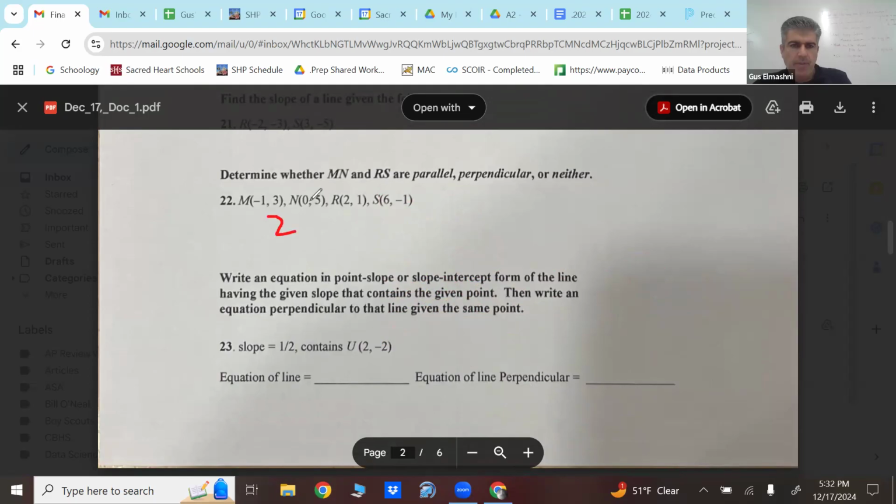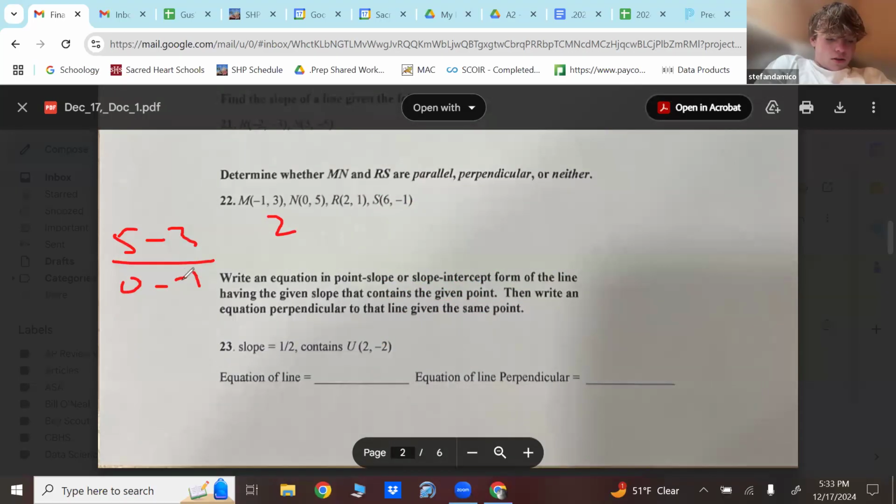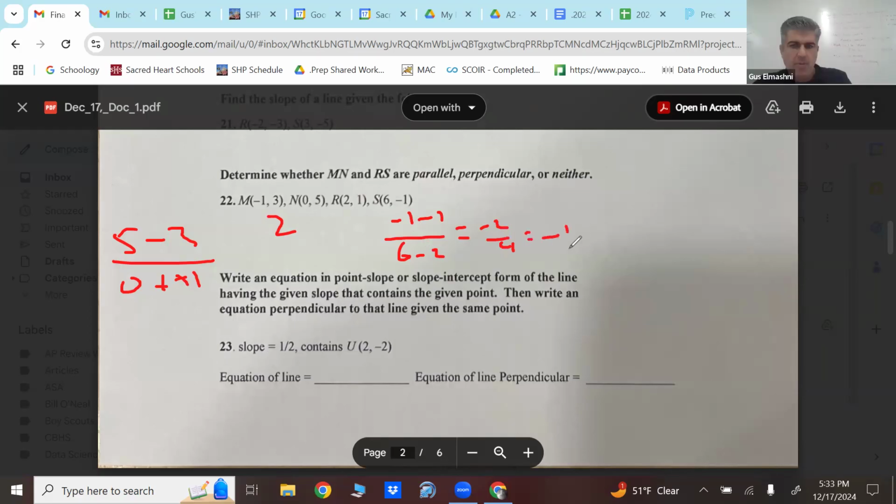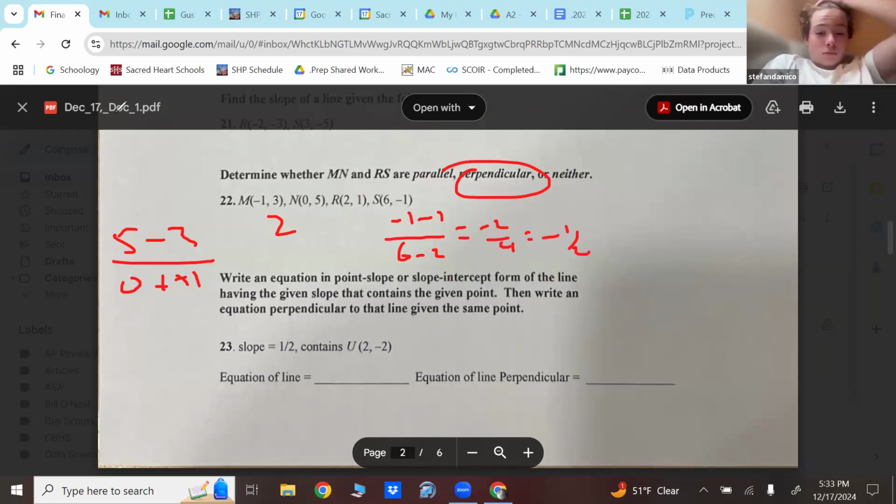Slope here is 2. You do 5 minus 3 over 0 minus negative 1. Slope here is negative 1 minus 1 over 6 minus 2, so negative 1/2. Whenever they're negative reciprocals of each other, that's perpendicular. If they're the same, it's parallel.